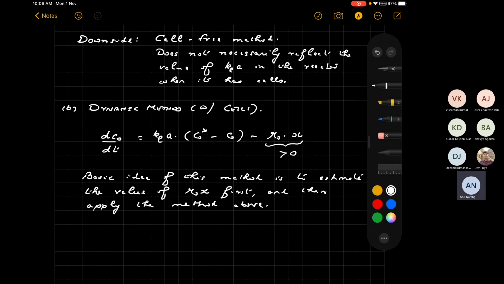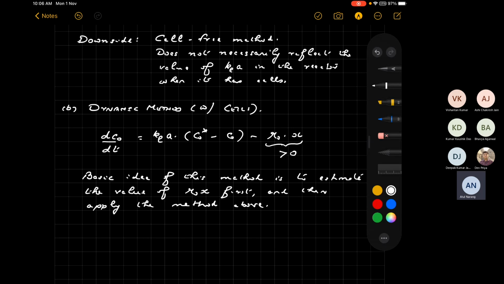The method above is basically looking at a stage where we switch from oxygen deficient to oxygen rich conditions, just like we did in the previous case. And the rate at which it goes up will tell us a little bit about what the value of KLA is.